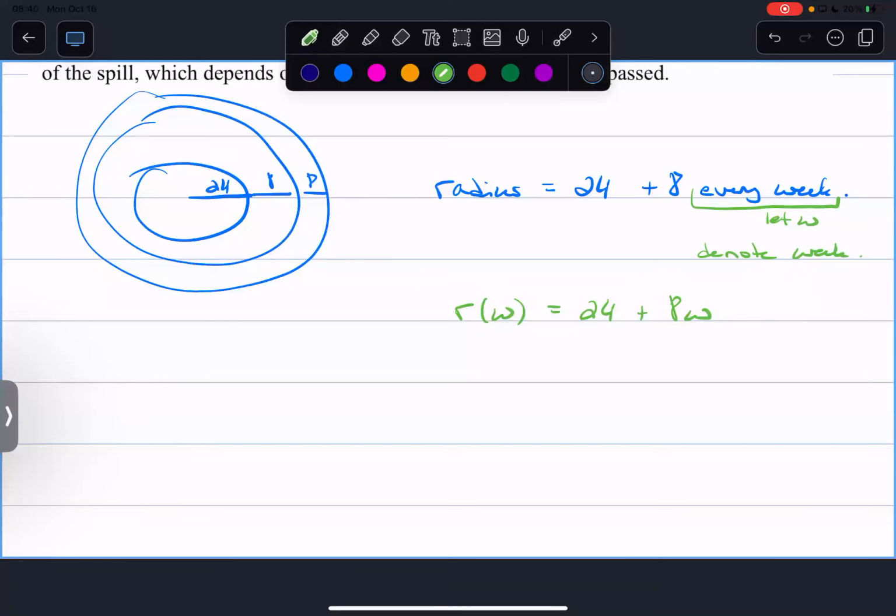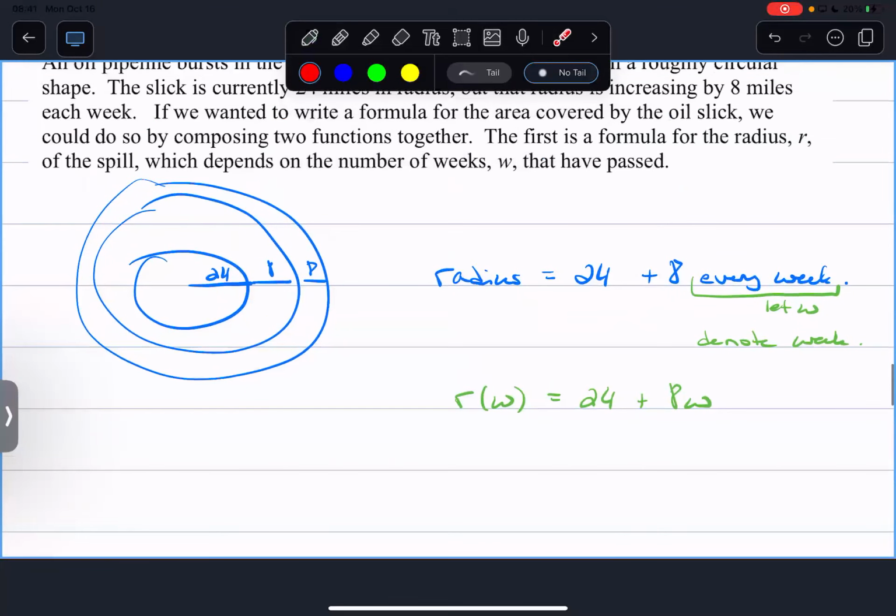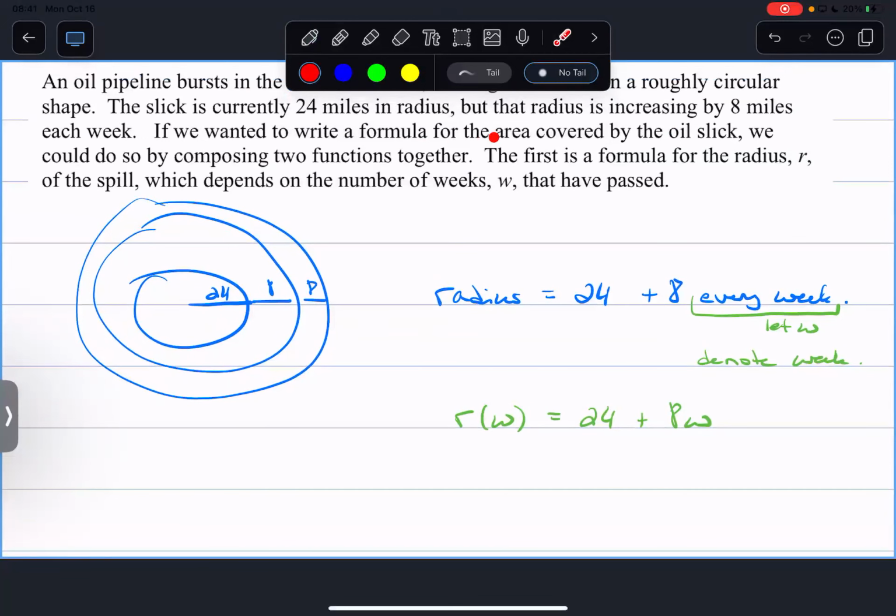We didn't want the radius. We wanted to know the area. If we wanted to write a formula for the area covered by the oil slick, what's the area of a circle, right? It's moving out like this, right? The area of a circle is pi r squared. Wow, that's nice. We just found what r looks like, the radius.